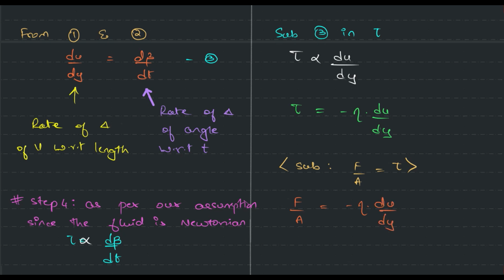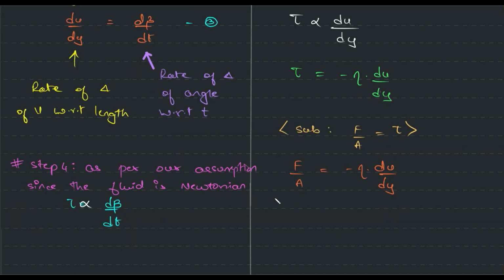So this is one expression. There are many possibilities, but this is one of them. Now, if I happen to substitute A as 1 and du by dy, your velocity gradient, as 1, if you consider this, what happens?